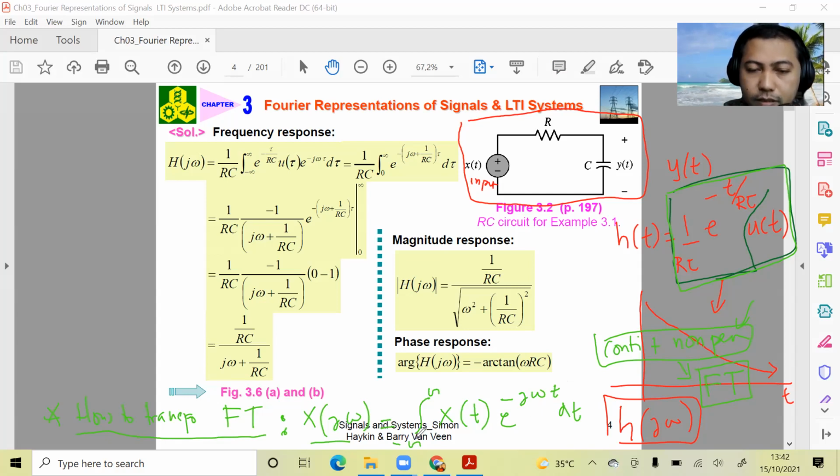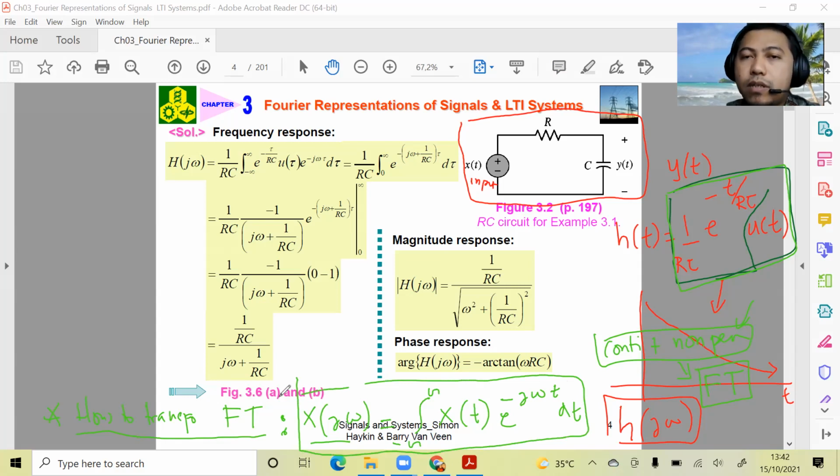This is the basic formula. You no need to remember this formula, but you have to know when and how to use it.